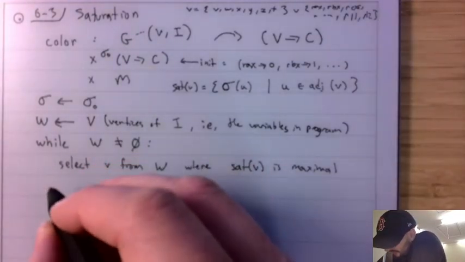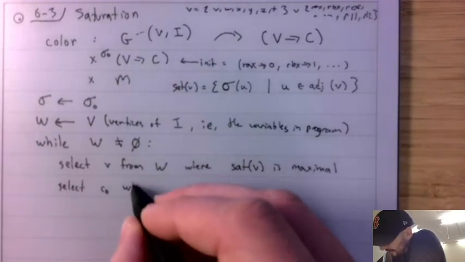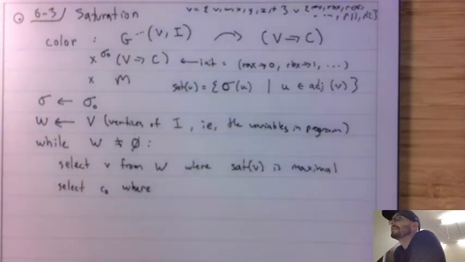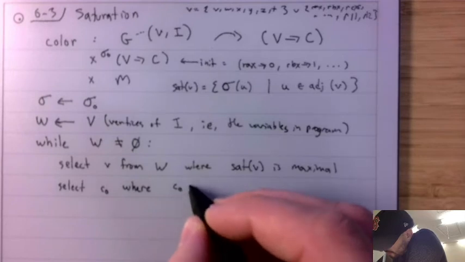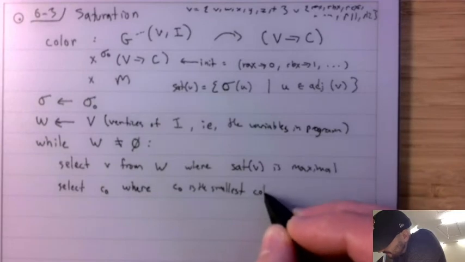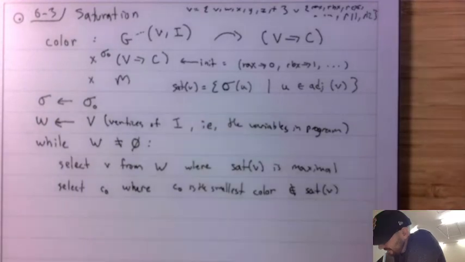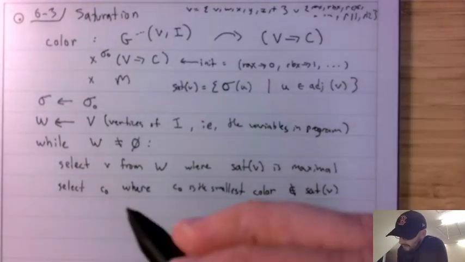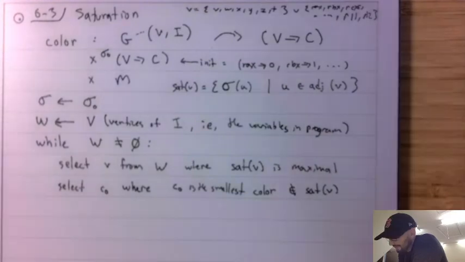Then what we do is we select C0, where C0 is the smallest color that is not in the saturation of V. So we have all possible colors, which are infinite, and we're going to look at the saturation and pick whatever the smallest one is.